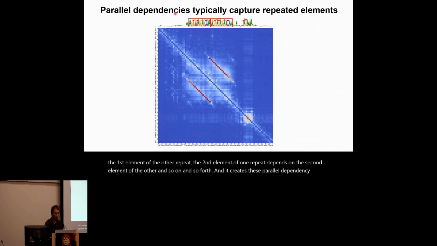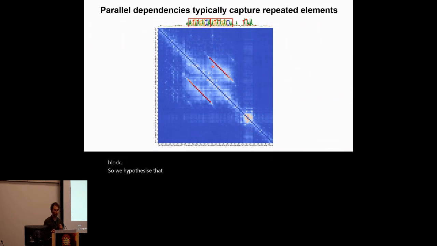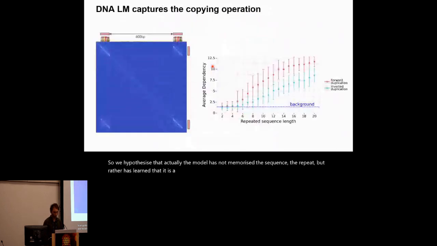And you see this is in contrast with motifs like the data box, where you have a block. So we hypothesize that actually the model has not memorized the sequence, the repeat, but rather has learned that it is a copy. So we have introduced repeats in artificial sequences of different lengths, spaced by a different number of nucleotides.